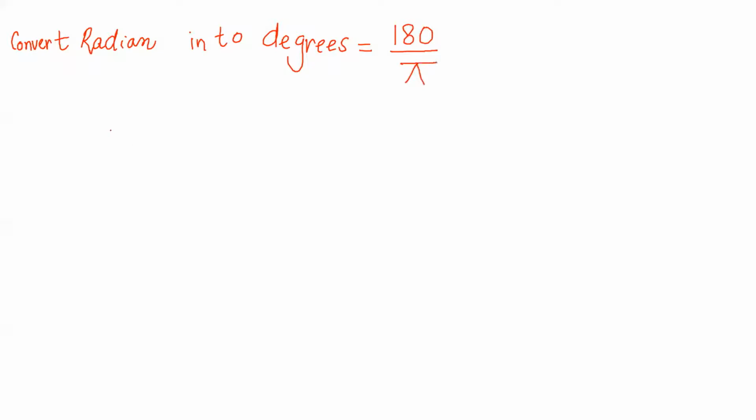And to convert degrees into radian, it will be pi by 180.